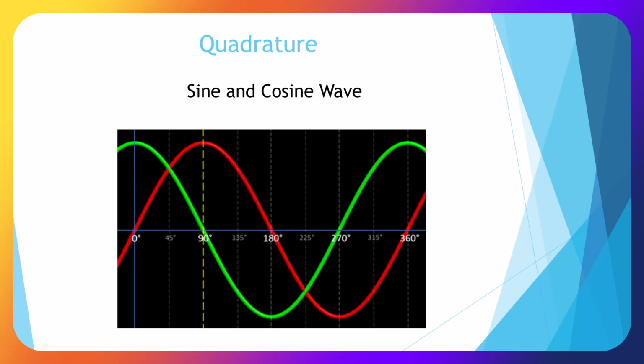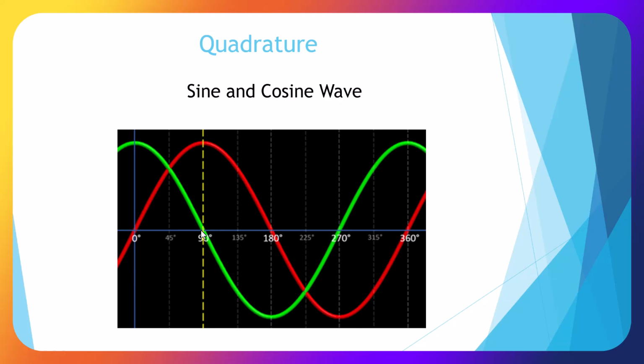Okay, let's look at quadrature. And this applies to actually all 3 types of signals. So what we have here in red is a sine wave, because it crosses at 0 and 180 at 0. A cosine wave is 90 degrees offset, phase shifted.